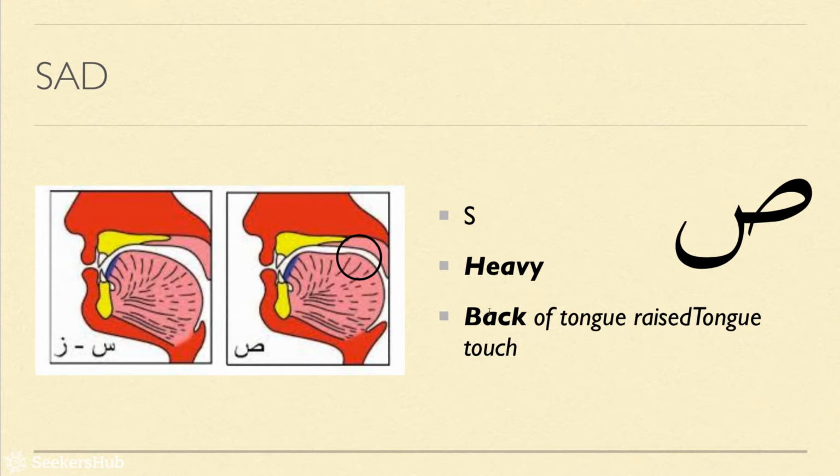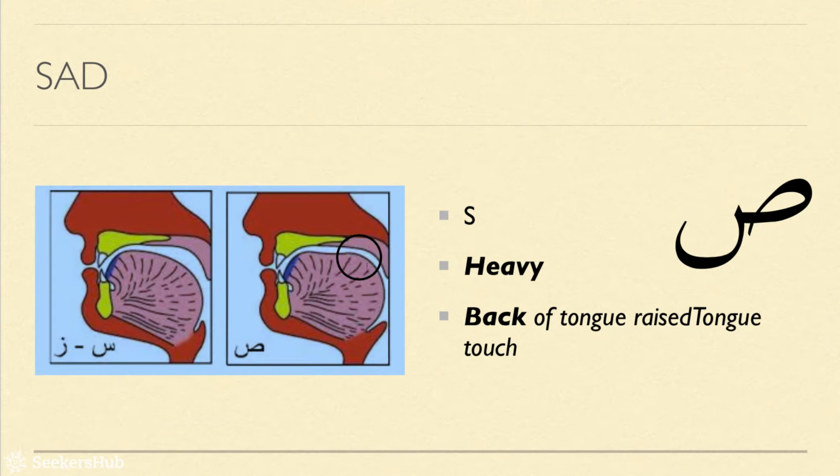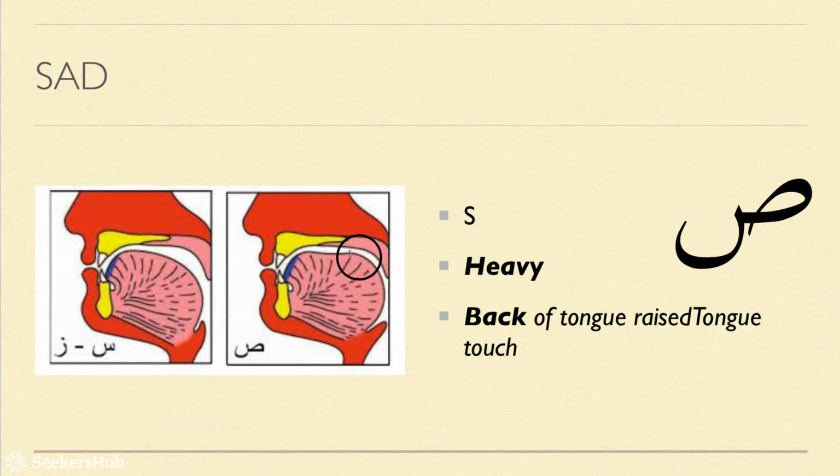So looking first at the Sad, the front of the tongue is similar-ish to the Sin and the Zay. Okay, it's similar-ish. However, the back of the tongue is quite different. If you look here for the Sad, the back of the tongue is raised. So this makes this heavy sound. When the back of the tongue raises, it sounds very different.